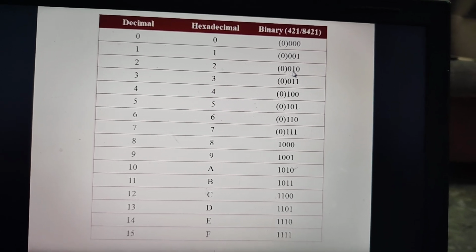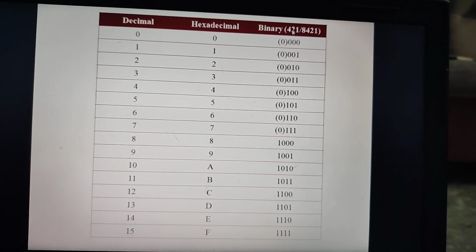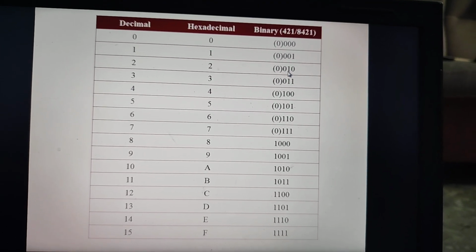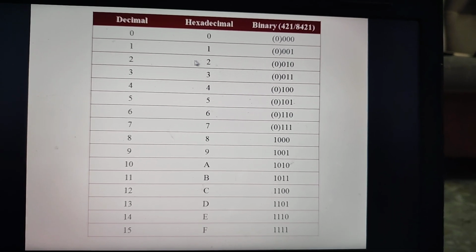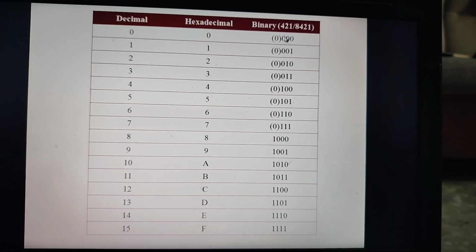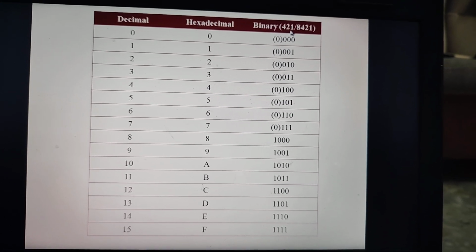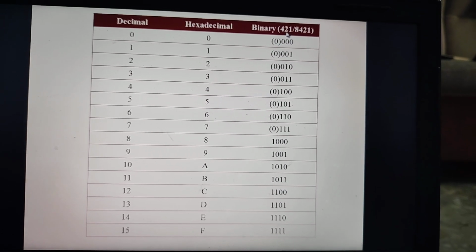So in the second position, we have specified the value 1 and other places 0. And for the value 3, we don't have a direct value 3 here, so we add 2 values. 2 plus 1 is equal to 3.